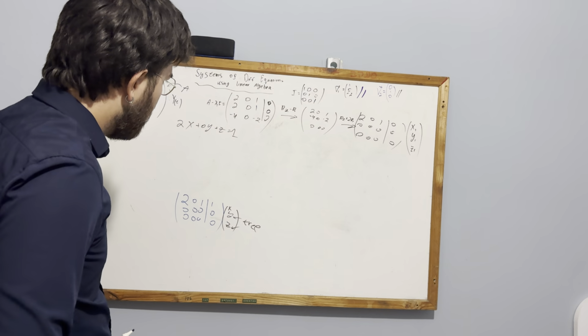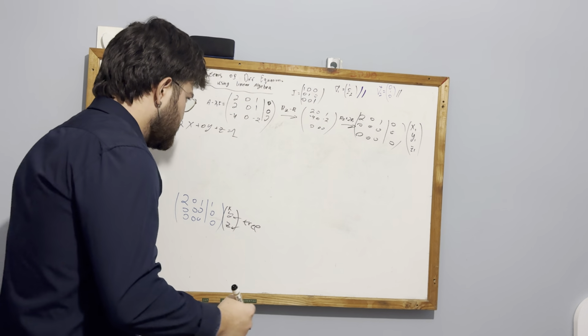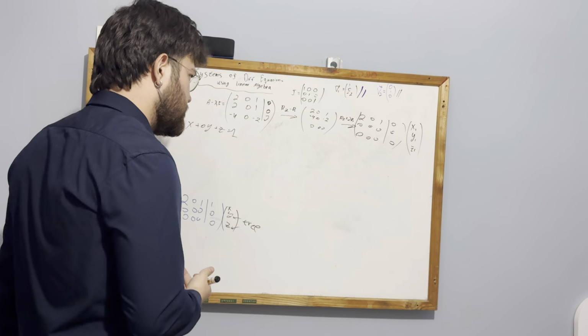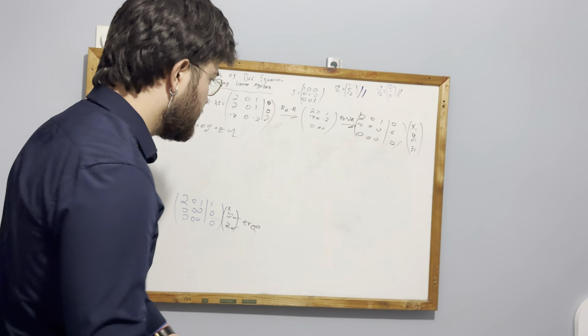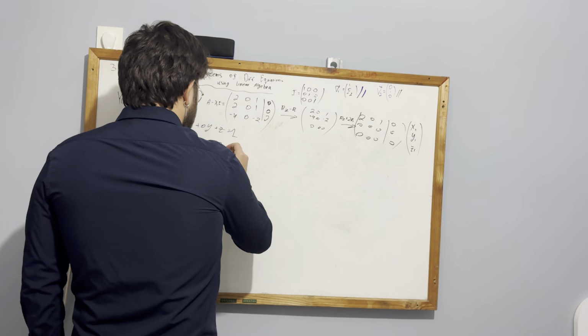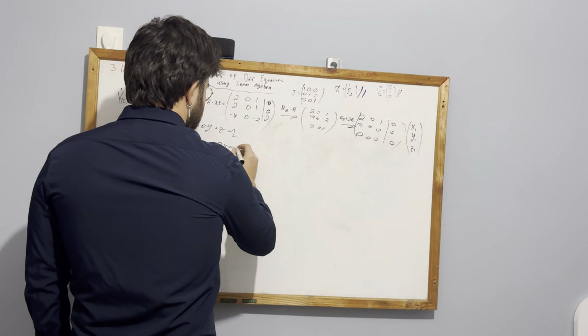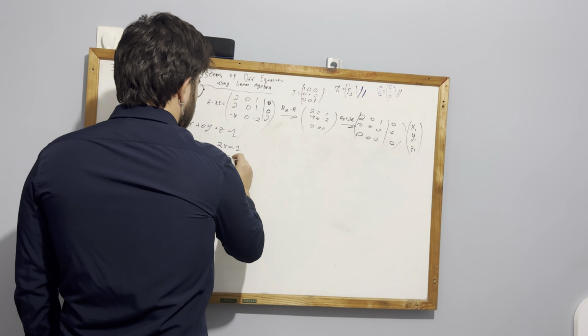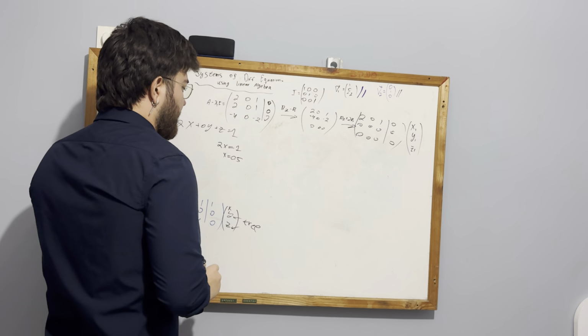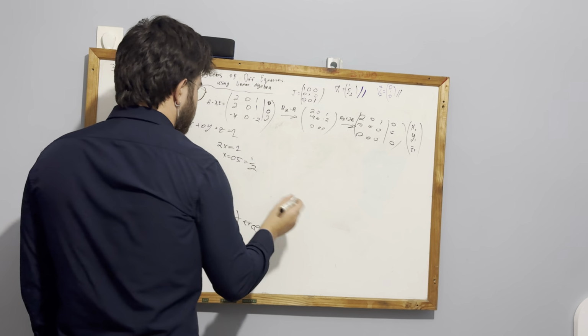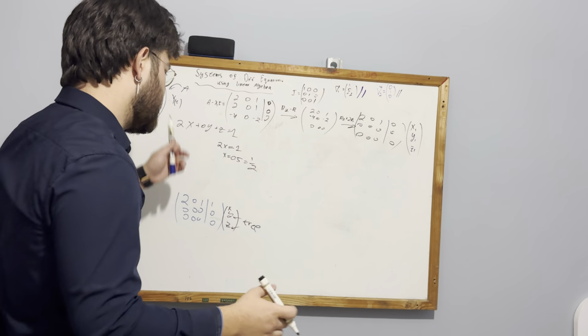So we can choose. We can set z to be equal to 0, y to be equal to 0 as well. Then we get 2 times x is equal to 1. Then we get x is equal to a half. 1 over 2, whatever, it's the same number.